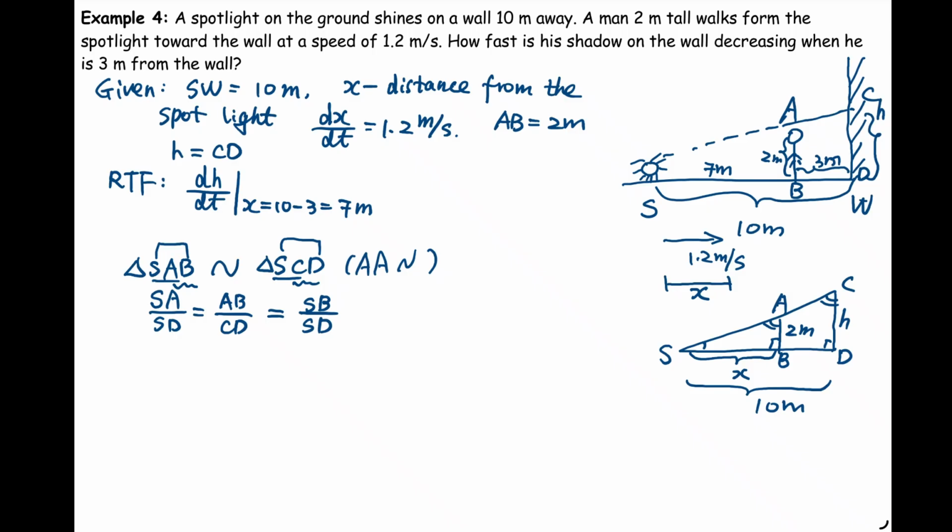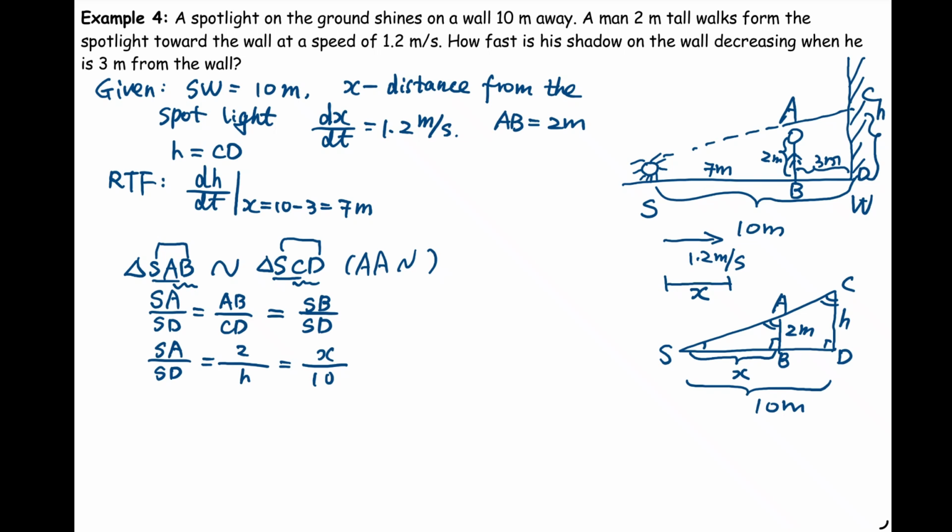Similar triangles, they should be equal. Then we sub in the given information. SA, SC, nothing given, we just leave it there. AB is 2, CD is h, SB is x, SD is 10.